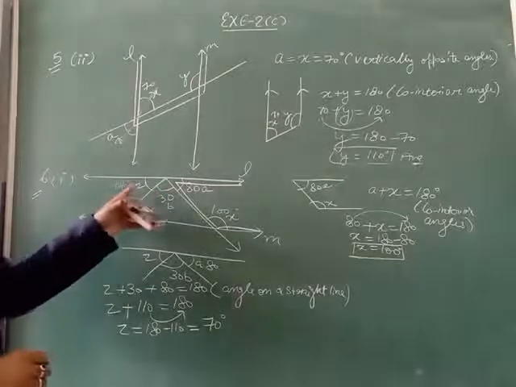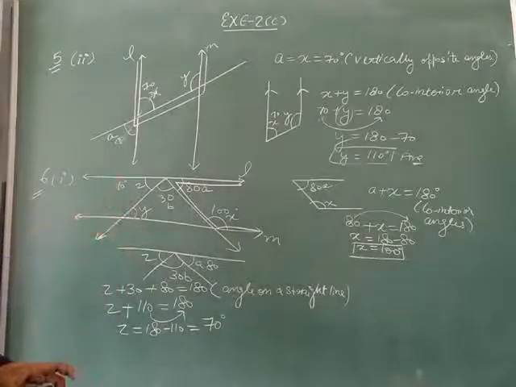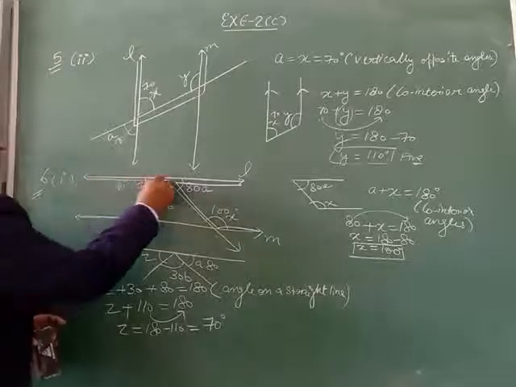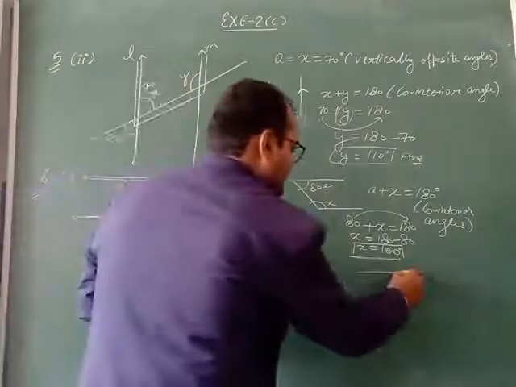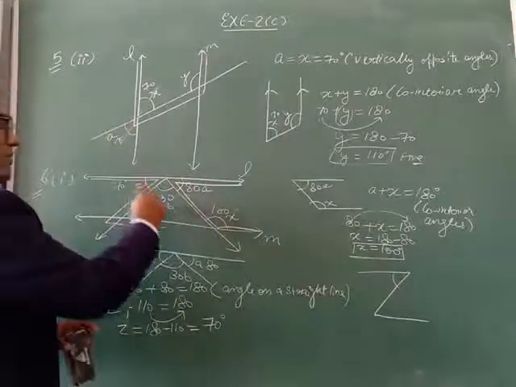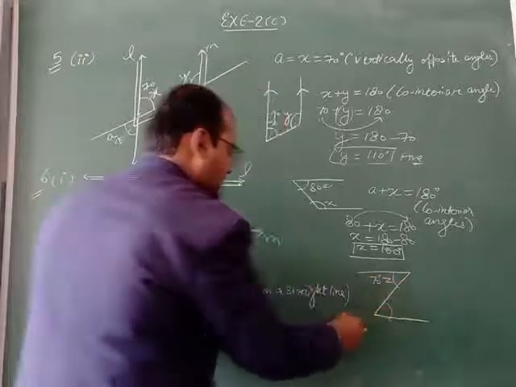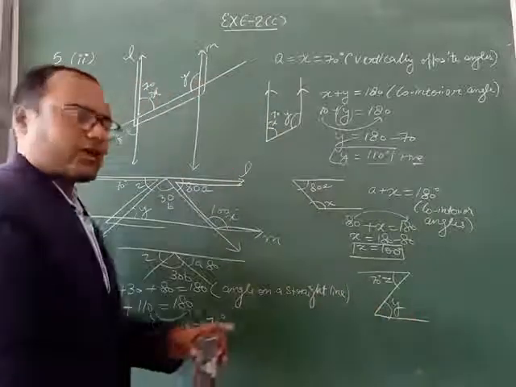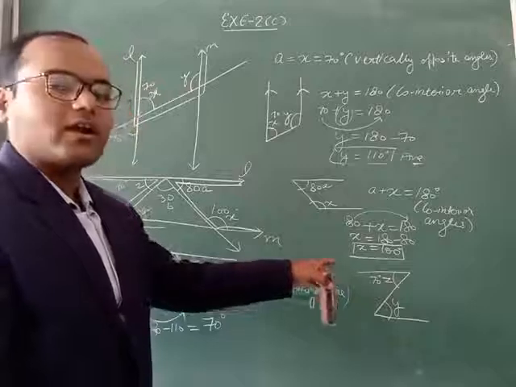Now, with the help of this z, we will find y. How will we find y? We will make a Z-shaped figure. This is the Z-shaped figure. Here the z value is there, which we had already found, 70 degree. Here it is y. So in order to find y, we will take this Z-shaped figure, and Z-shaped figure means these are interior alternate angles.